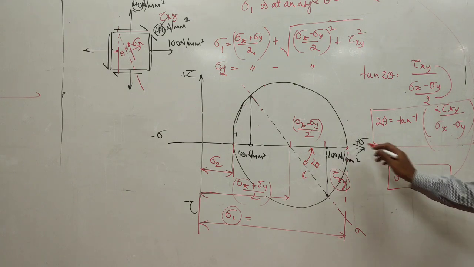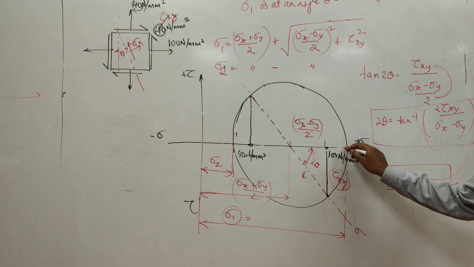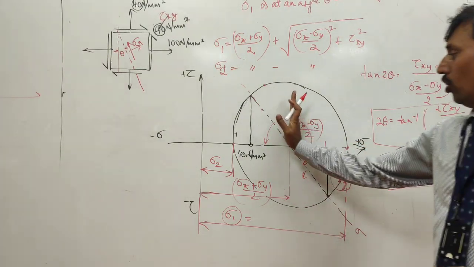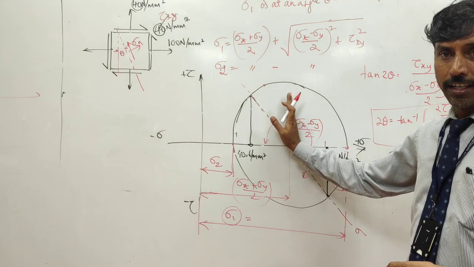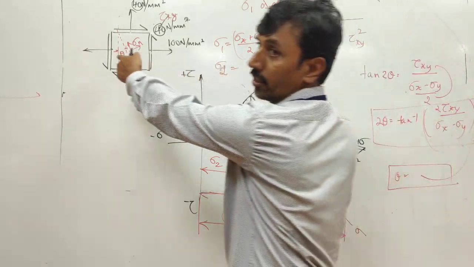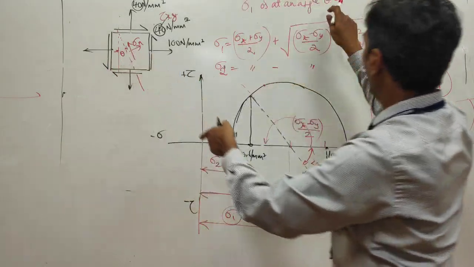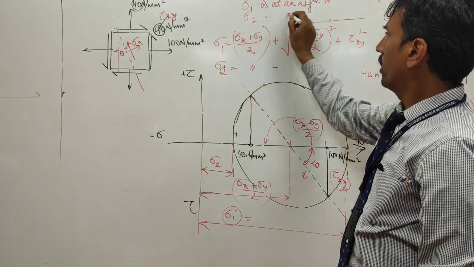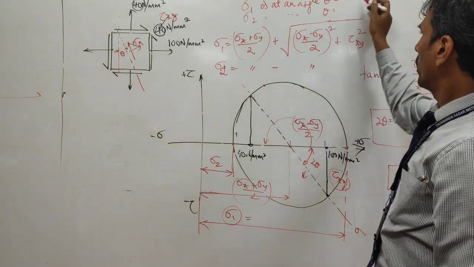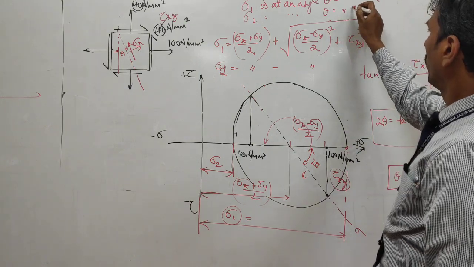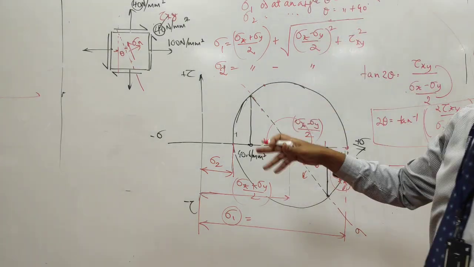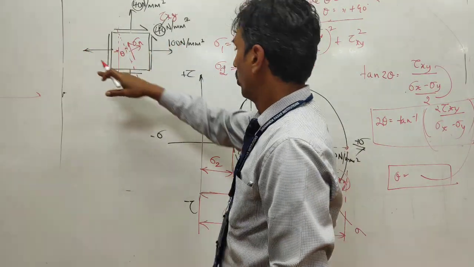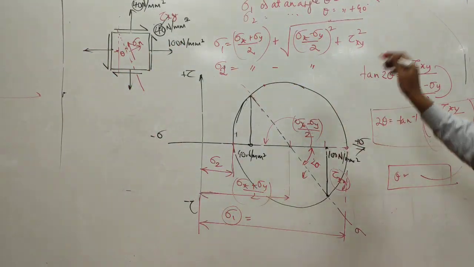This is 180 degrees in this diagram, but actually it is 90 degrees here. So whatever the value of theta you got here, sigma 2 is at an angle of theta plus 90 degrees, because it is exactly on the opposite side. Okay, like this you have to write this.